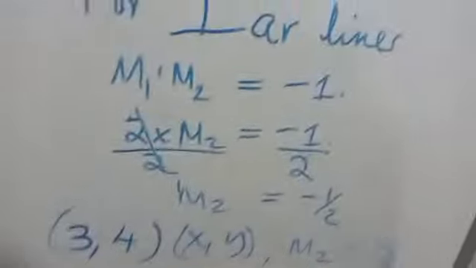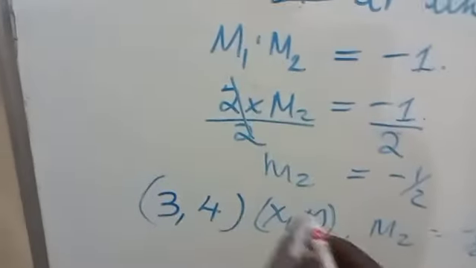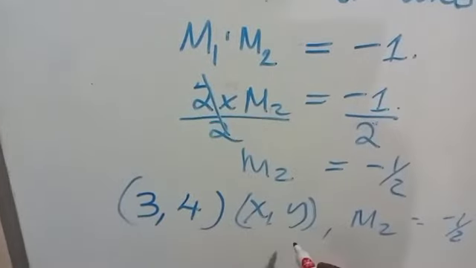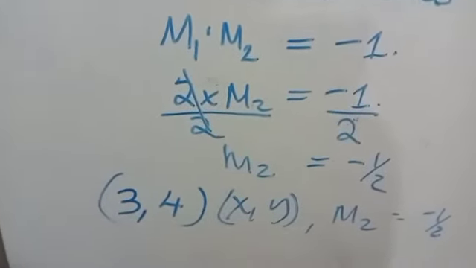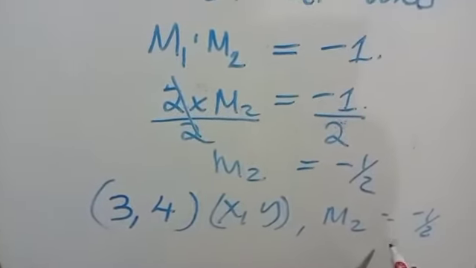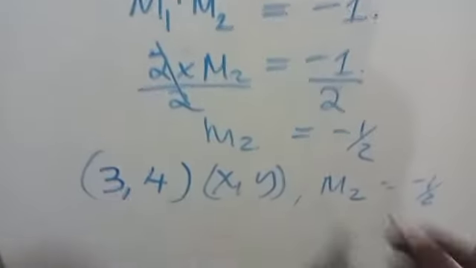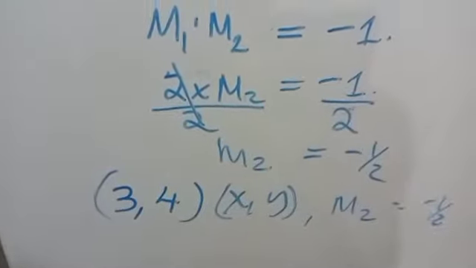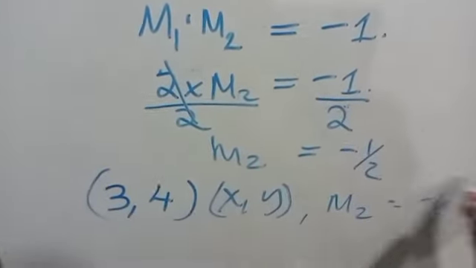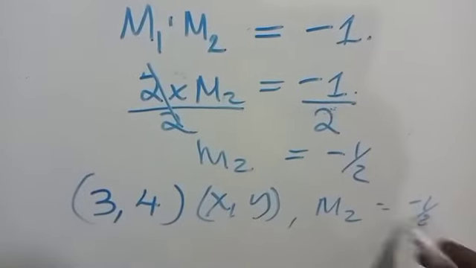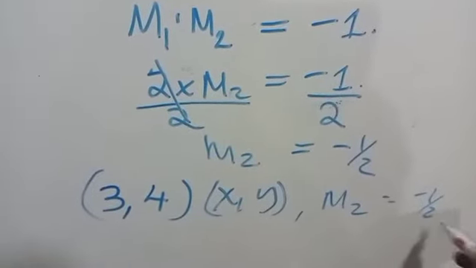Therefore, what we can do here is find the slope between (3, 4) and (x, y). And this slope must be equal to m2, which is equal to -1/2. So here we are just finding the slope of line 2. How did it come to be -1/2?